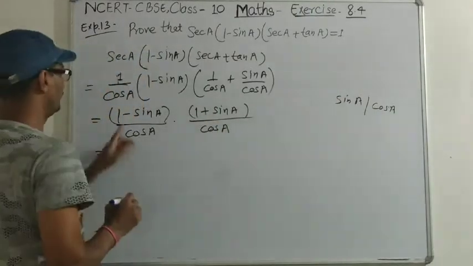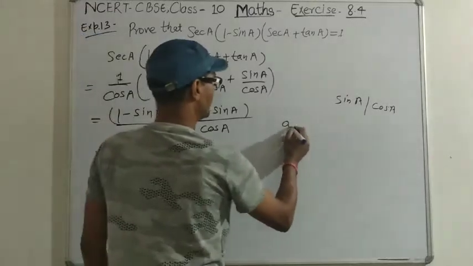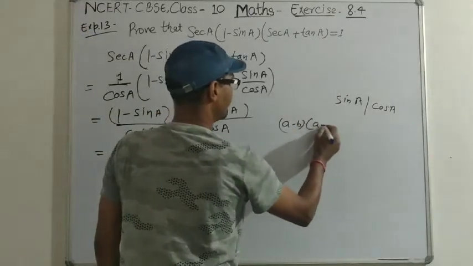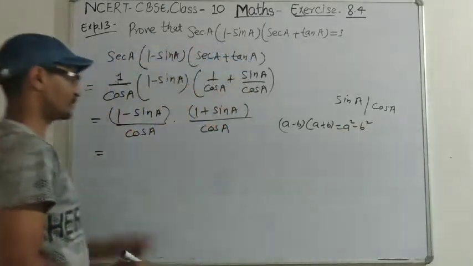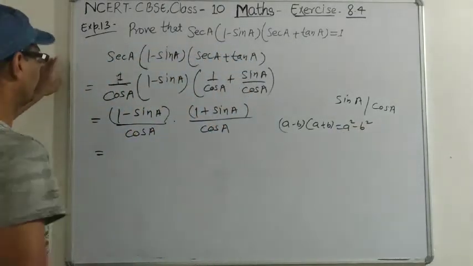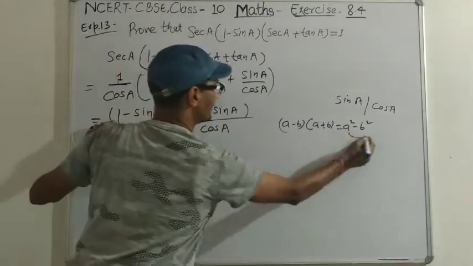Now here 1 minus sin a, 1 plus sin a, you know this thing. If in one bracket there is a minus b and in another a plus b, what is the formula? a square minus b square. This is an algebraic identity: a minus b, a plus b is a square minus b square.